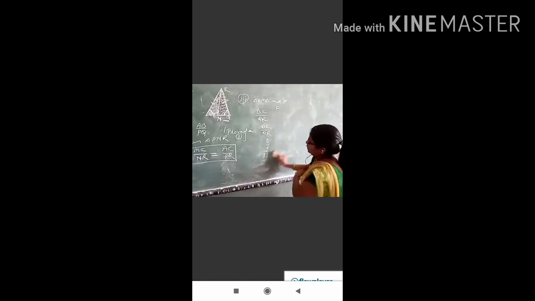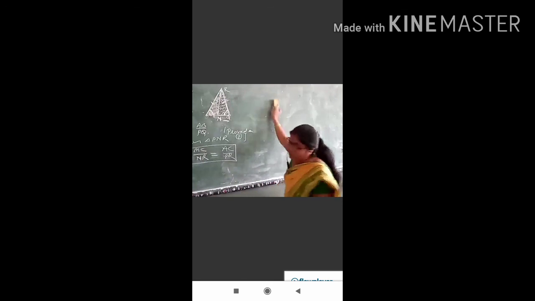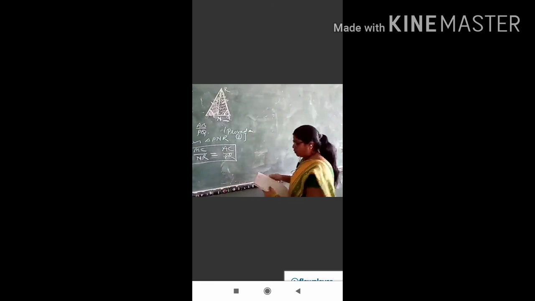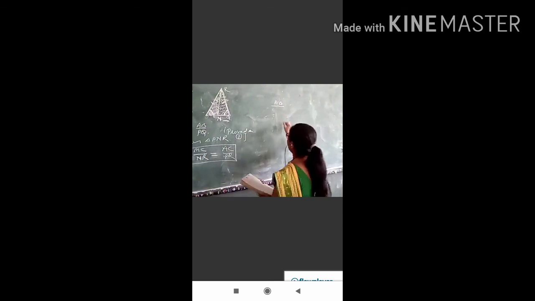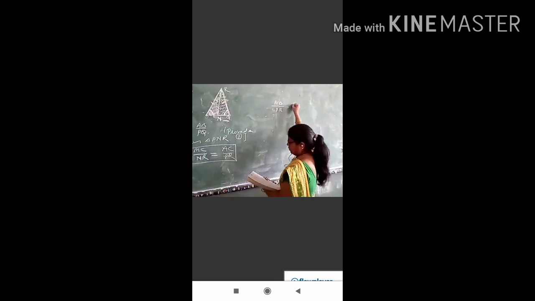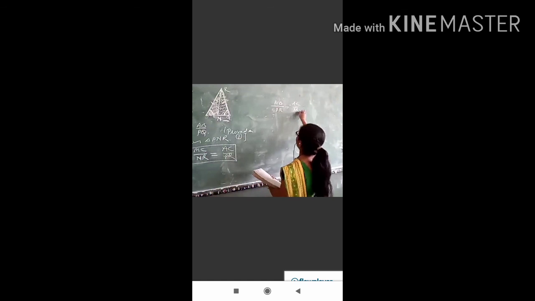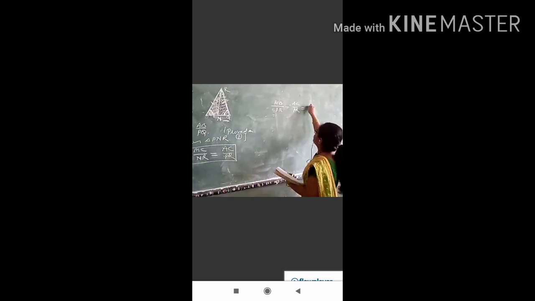From the start, we have triangle ABC is similar to triangle PQR. That means we have AB upon PQ is equal to AC upon PR is equal to BC upon QR.